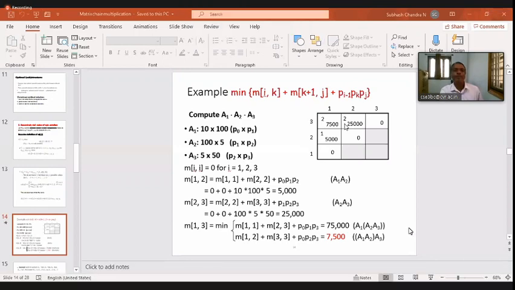Also see here, a very simple example I want to explain.